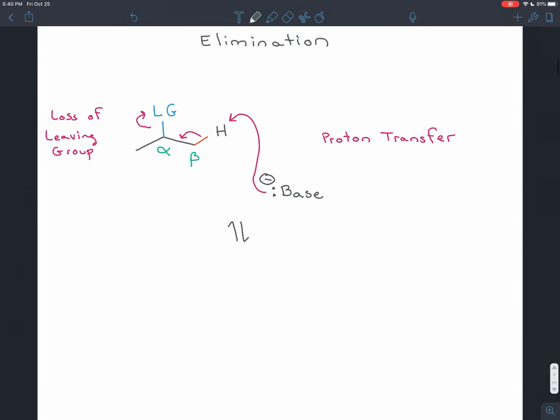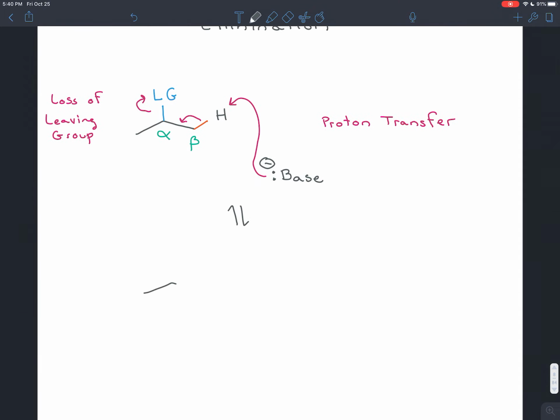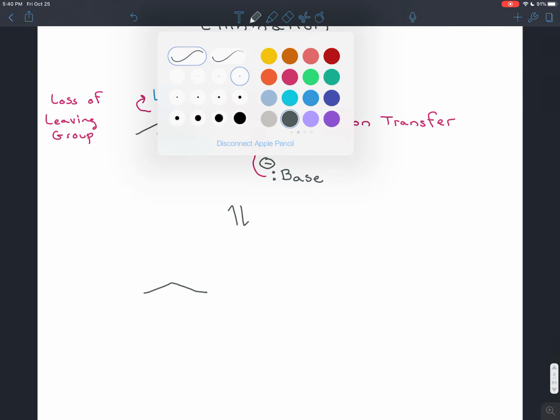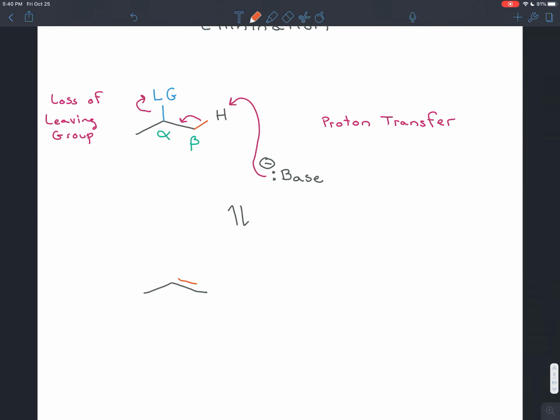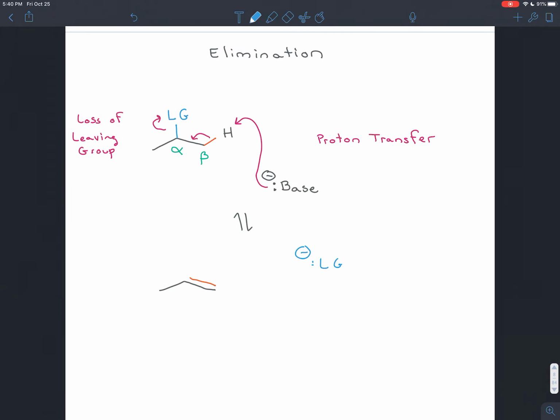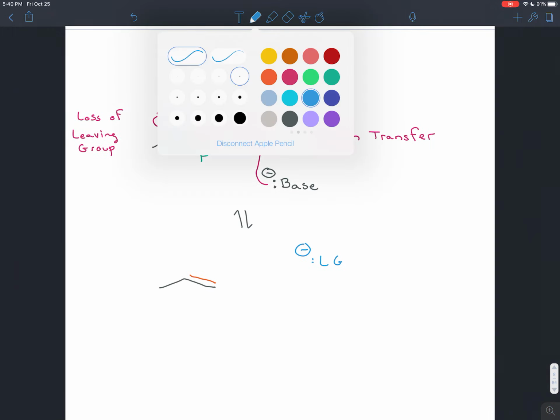So if you do that, then you'll still have the same number of carbons, but now you will have this pi bond here. And the leaving group will be off living its best life. So notice what happened.